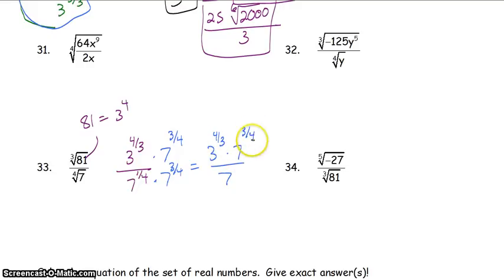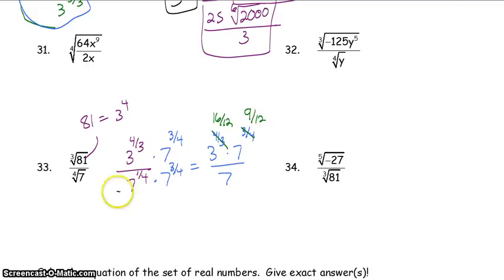Now if you want to take the 3 out now, you can. I like to wait till the end, I guess. It's simpler. I'm going to turn these into 12ths, so they have the common index. So if this is a 12, I need to multiply by 4, so this turns into a 16 over 12. And this turns into, I need to multiply by 3, a 9 over 12.